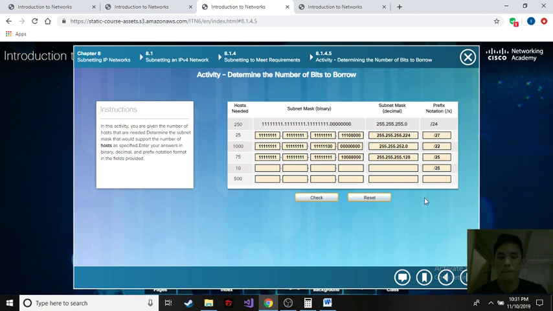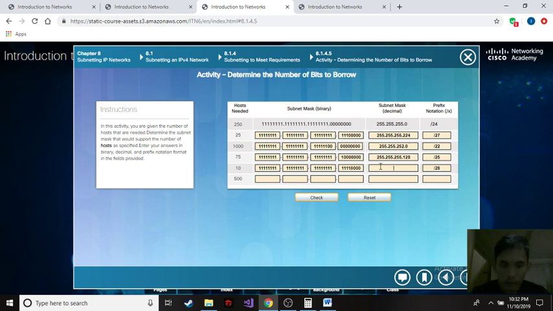Then now that we acquired the prefix notation, we all know that there are 8 ones here in the subnet mask binary. So 8, 16, 24, and we need 4 more because 28 is our prefix notation. 1, 2, 3, 4, then 0. All of the rest will be 0.